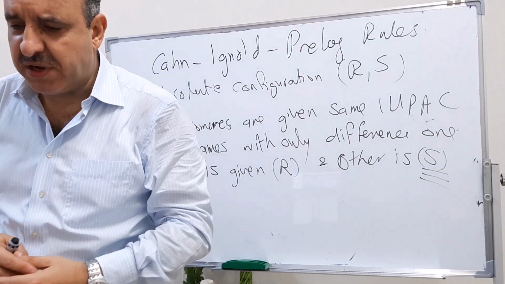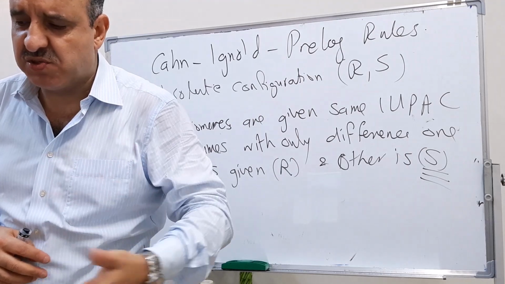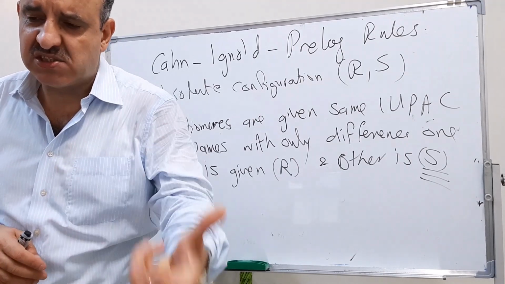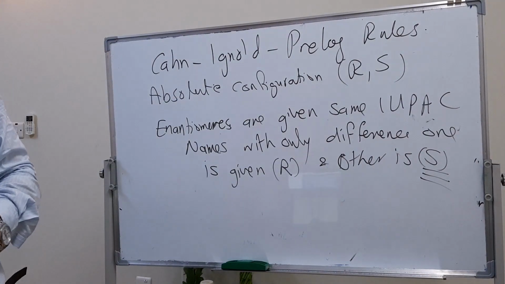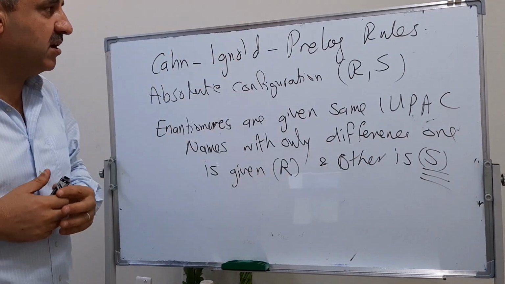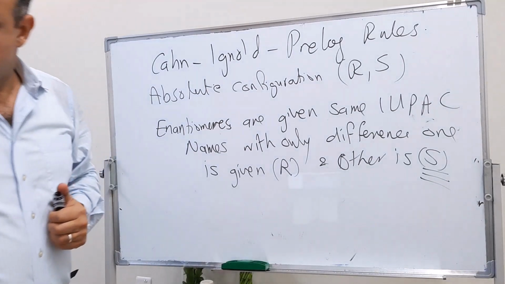Now, we are going to discuss the rules which lead to this knowledge, when I say R and when I say S. So, determining the absolute configuration, this is what we call the Cahn-Ingold-Prelog rules.